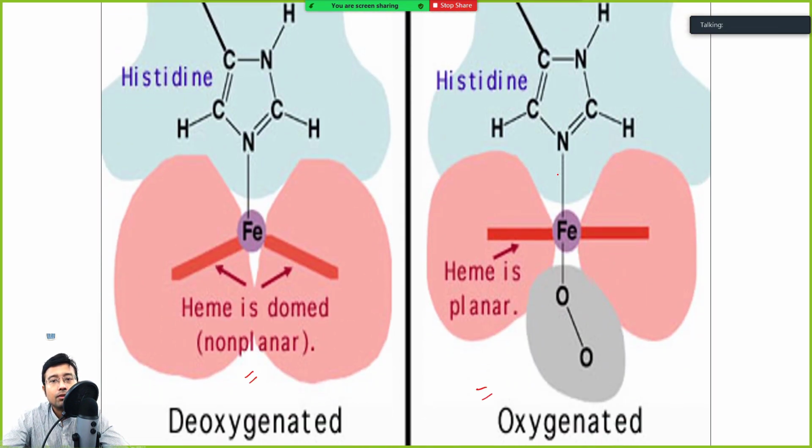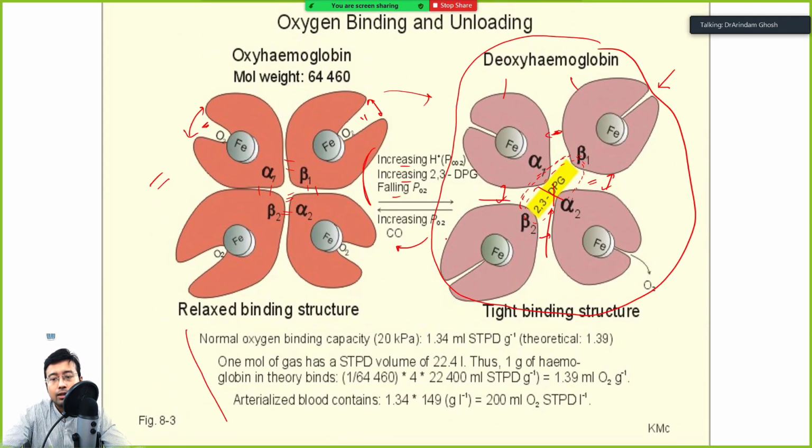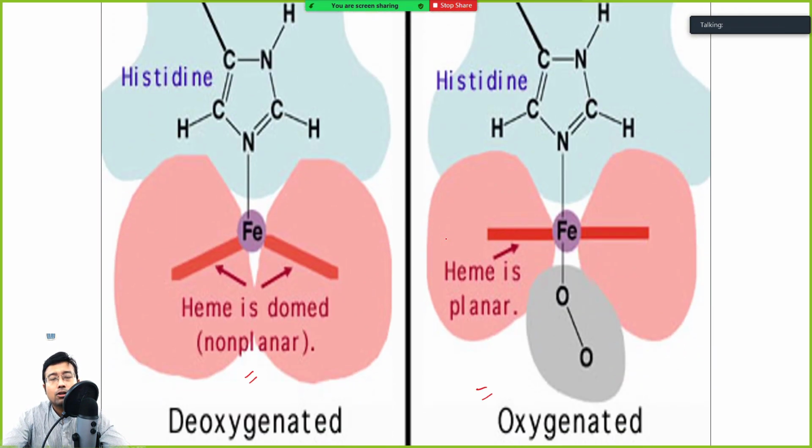Fine. So when it is oxygenated, the heme, now if we take a cross section, I will be discussing this diagram on a later day. So this is basically the dome form of deoxygenated hemoglobin, right?